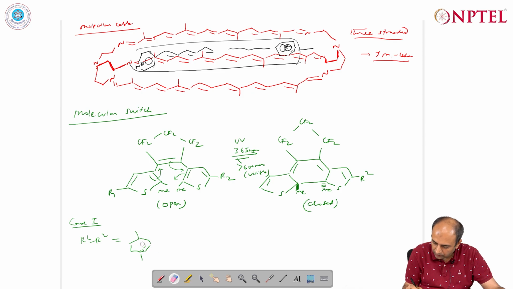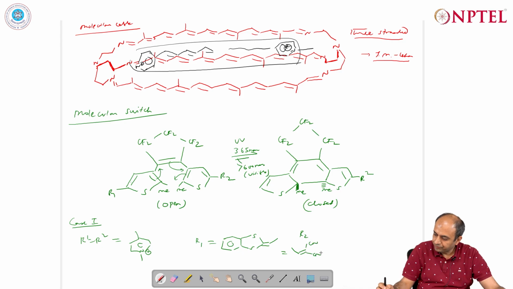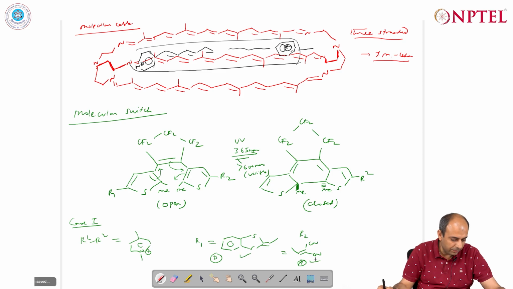We can write it here as well, and we can also have R1 is equal to this and R2 is equal to this. So, this behaves as a donor and this behaves as an acceptor, when you have R1 is equal to this particular moiety, which is the donor, and this is the acceptor.